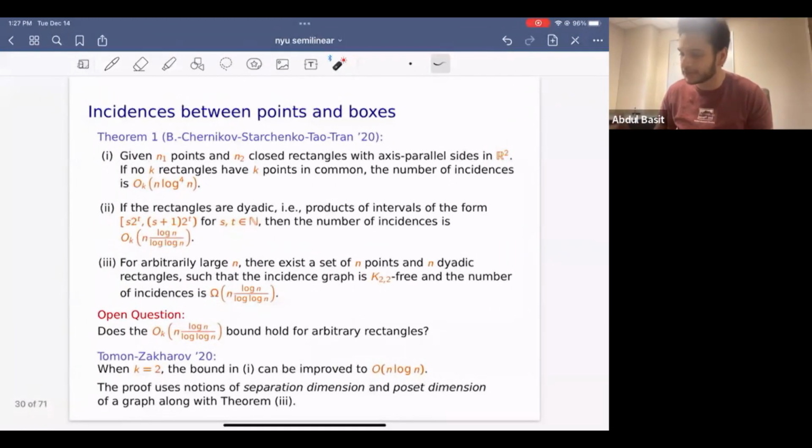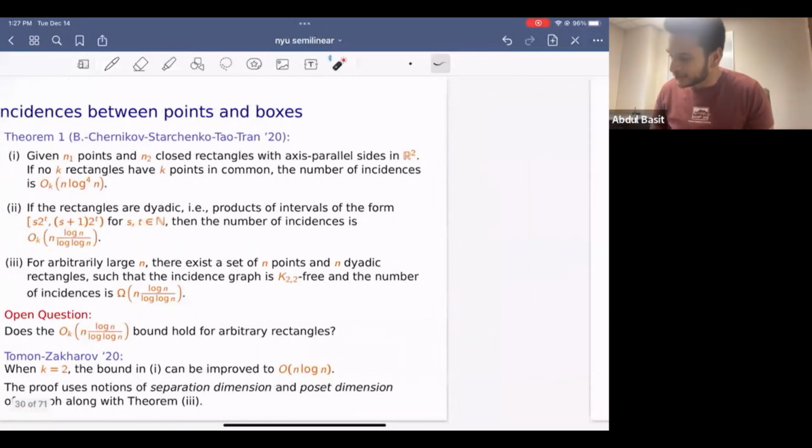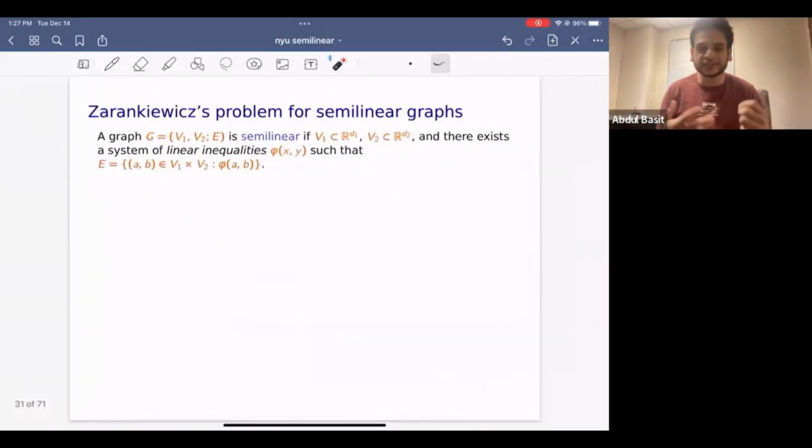Okay, so that's the incidence result that we have. And this is a consequence of a much more general thing. So what's the much more general setting? Again, I have the exact same setting of a semi-algebraic thing, but now I say my inequalities have to be linear, or equalities.